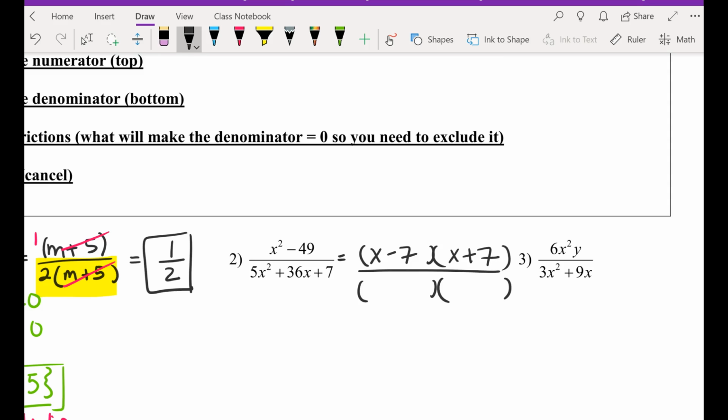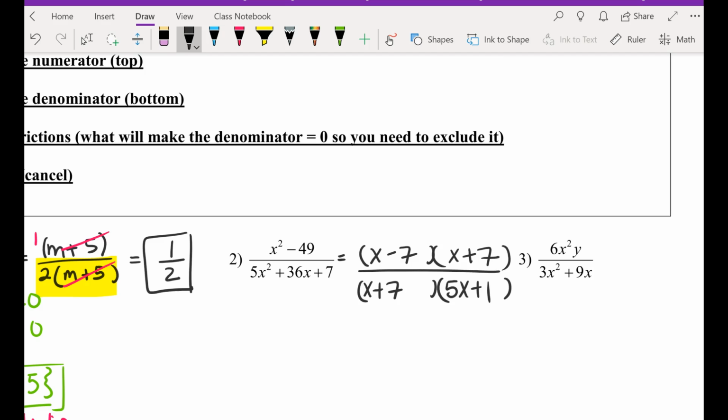Perfect. Now the bottom. When I was walking around, I saw a lot of you making an x. Perfect, if that's how you have been doing it. Josh, what did you get for the two factors on the bottom? (x + 7) and (5x + 1). 5 plus 1? No, it's 5x. 5 plus 1 is 6. Someone confirm that for me.